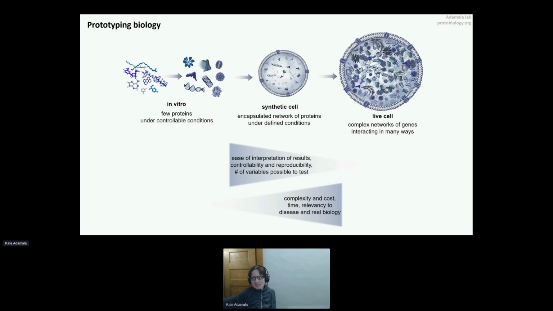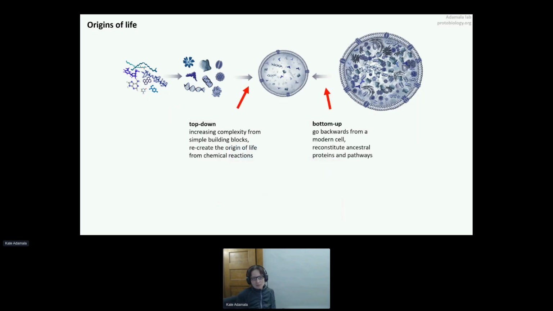We are building synthetic cells, which are intended to be this middle ground between the simplest biochemical reactions and the complex living cell. And there are two ways you can approach this problem. You can go either top-down or bottom-up, so basically building synthetic cells from non-living components until it starts to resemble life, or taking a complex living cell and making it simple.